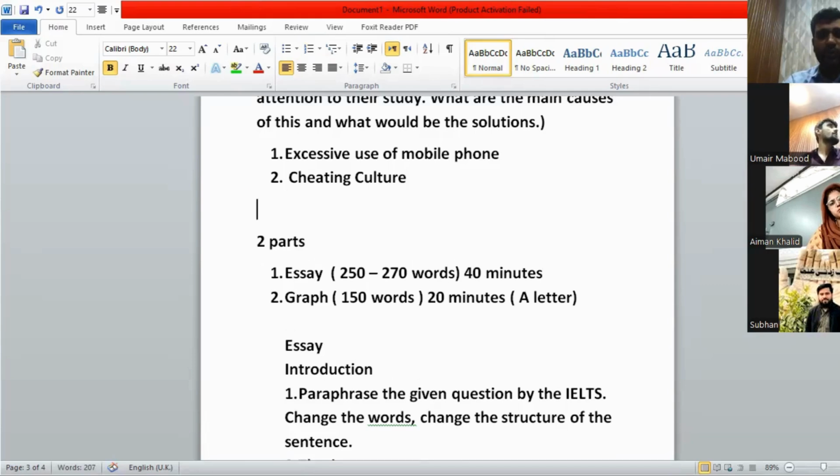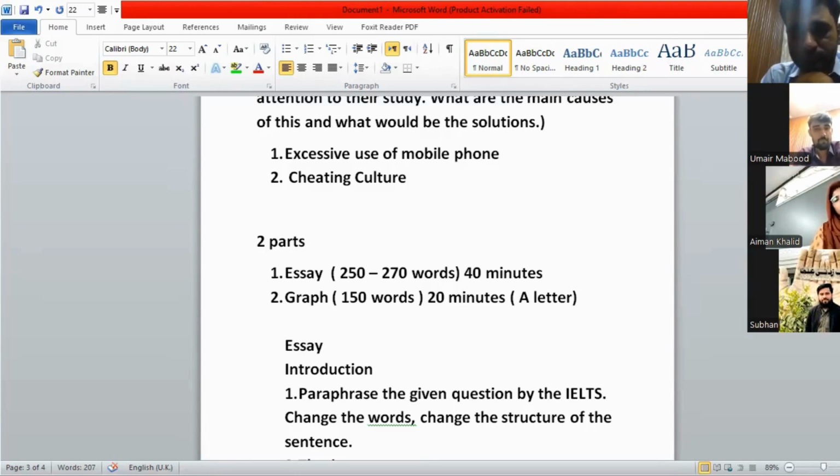You could also say, the solution would be to promote culture of using multimedia in the class. Visual aids to make the class more attractive to the students, by making visual aids or audio aids in the lectures. For the excessive use of mobile phones, we could also say that the mobile phone should be banned in the classroom.